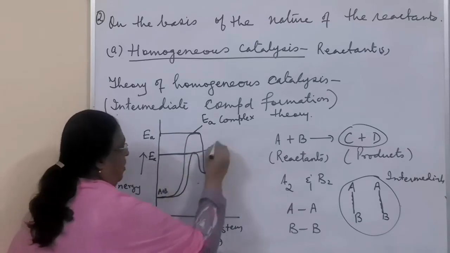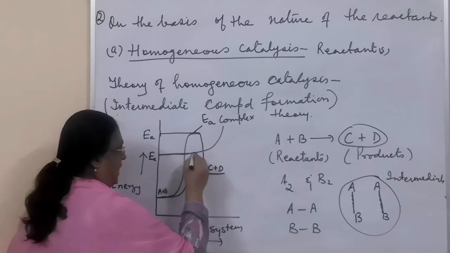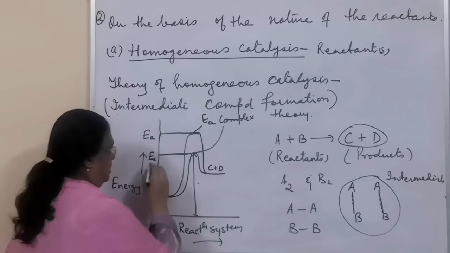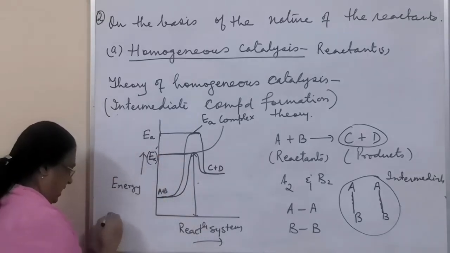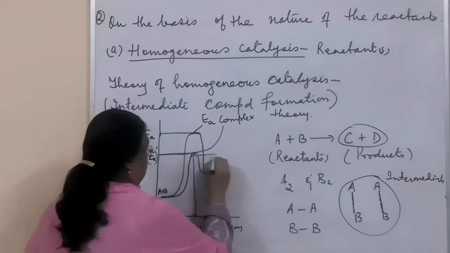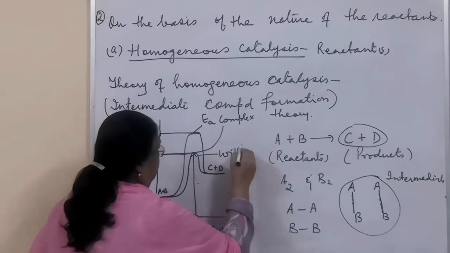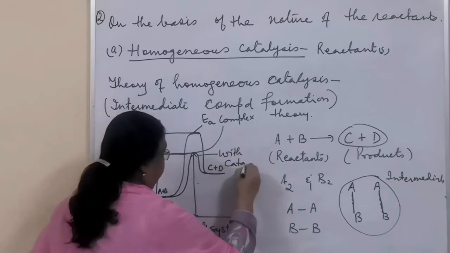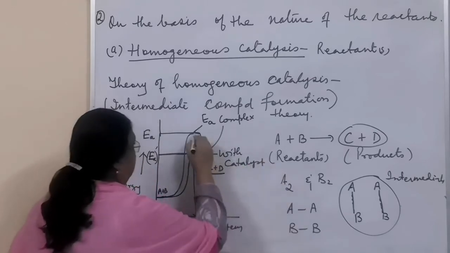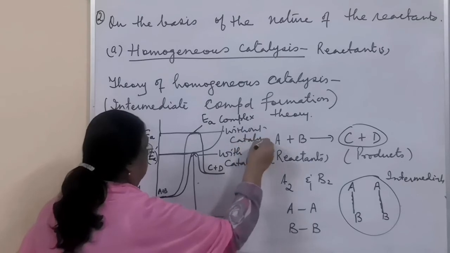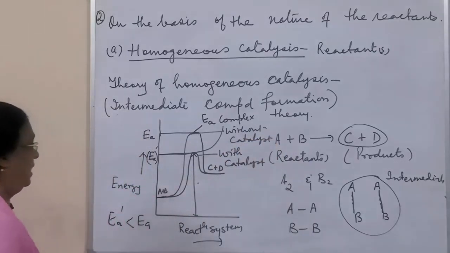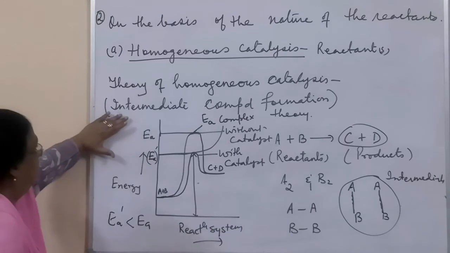So the activated complex is formed here, and the activation energy is only so much. So EA dash is less than EA. This is with catalyst, and this is without catalyst. This is the theory of intermediate.